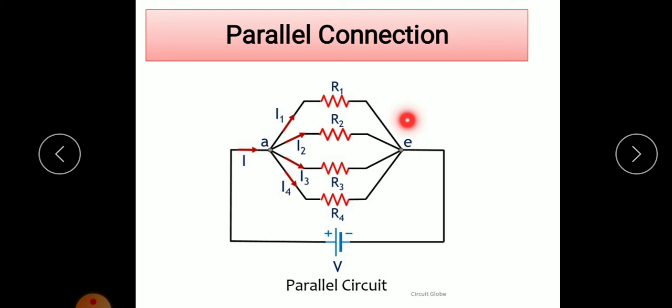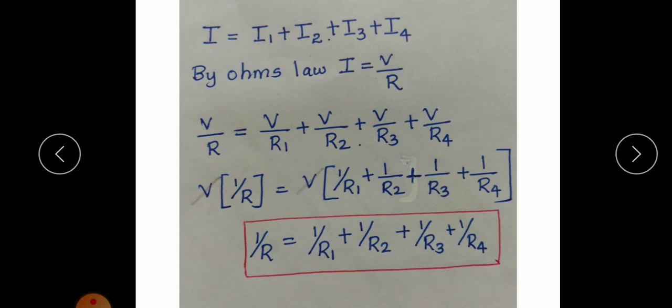So, we can say that the net current or total current in this circuit is equal to the sum of I1, I2, I3 and I4, or we can write I is equal to I1 plus I2 plus I3 plus I4. So the sum of these currents is I.